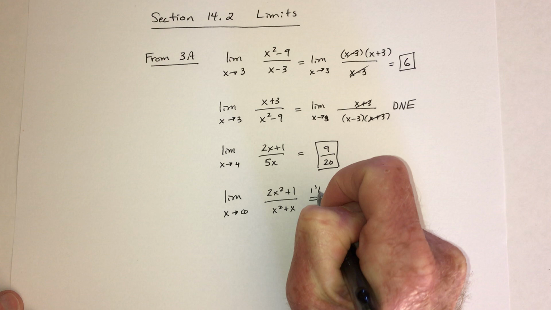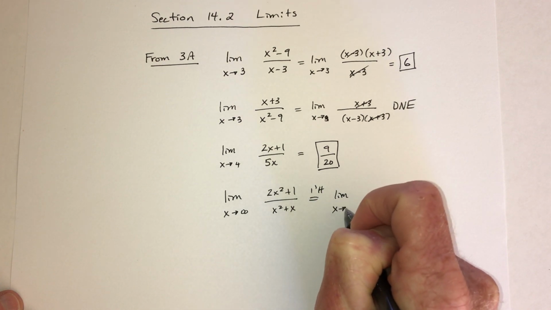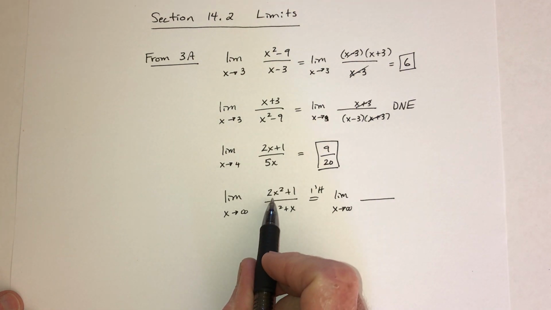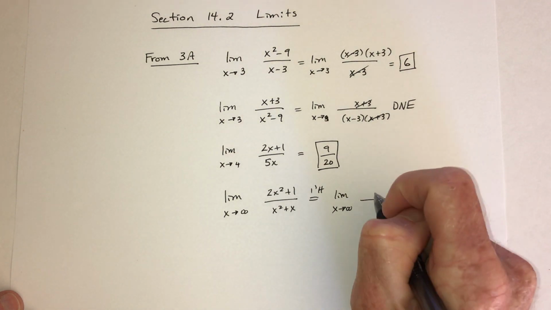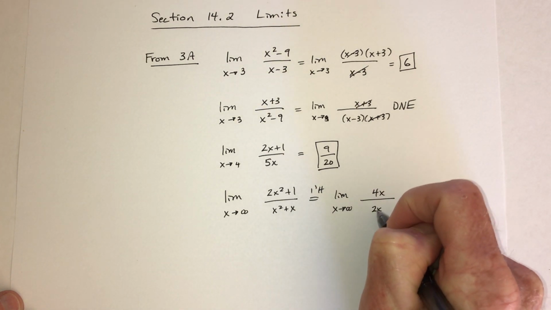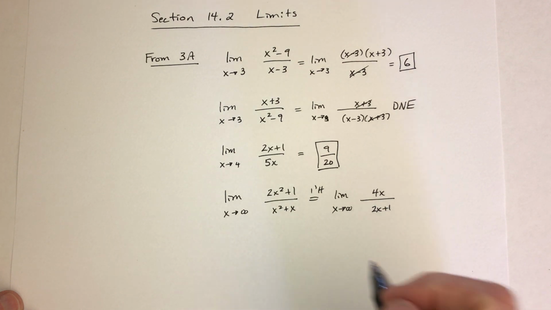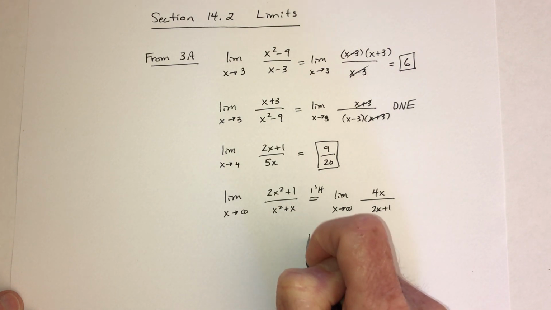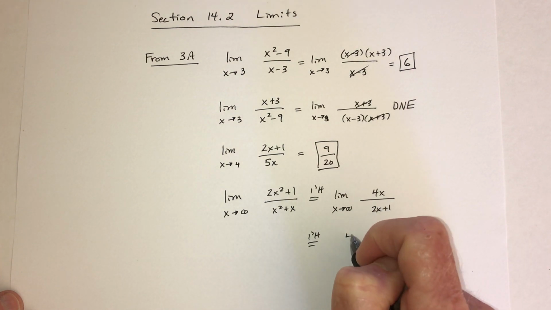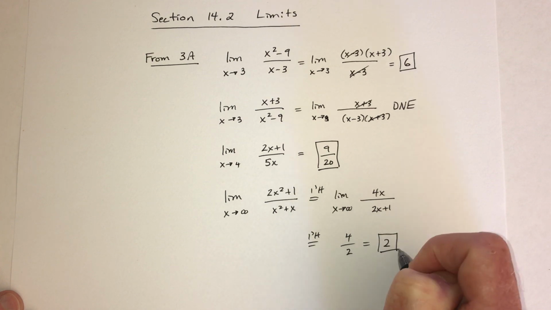So use L'Hopital's rule. And for that, you take the derivative of the top, which is going to be 4x. You take the derivative on the bottom, which is going to be 2x plus 1. And then this would still be infinity divided by infinity, so go ahead and do L'Hopital's rule again. The derivative on the top will be 4. The derivative on the bottom, 2. So the answer is 2.